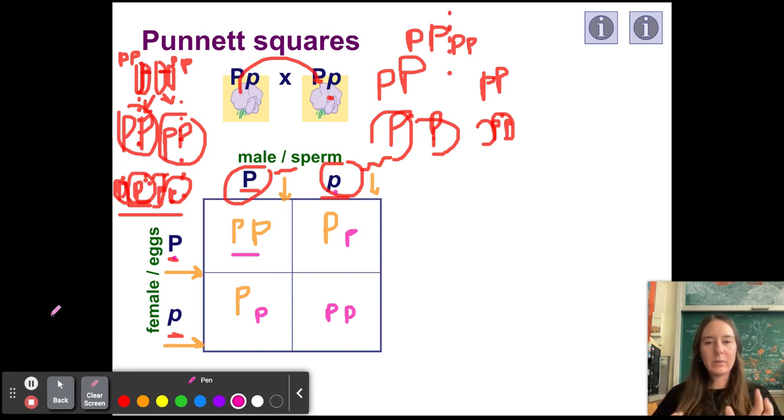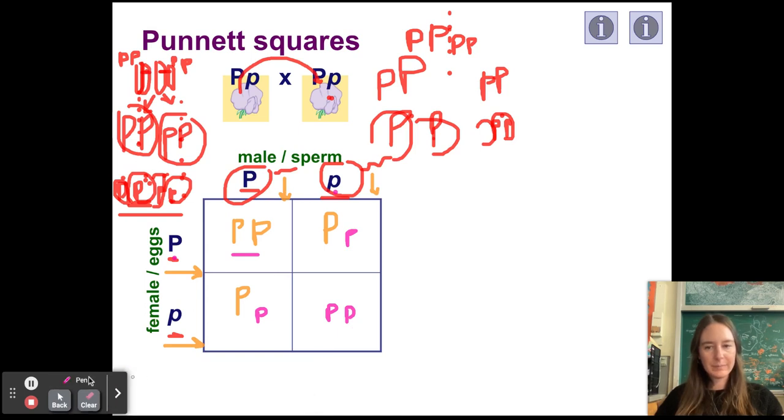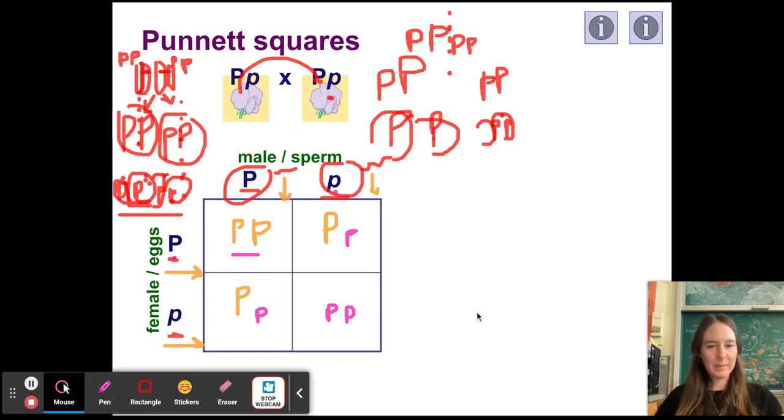That is what a Punnett square is showing us, the potential offspring. Now, it's not that these flowers are only going to have 4 offspring. If these flowers had hundreds of offspring, this shows us the probability that you're going to get homozygous dominant babies, heterozygous babies, or homozygous recessive babies. Got that? Okay, next.